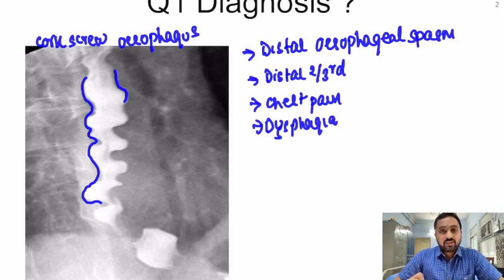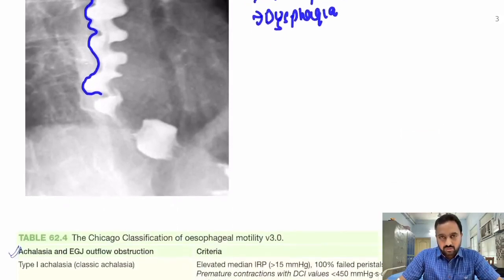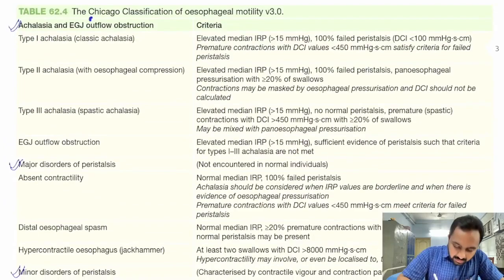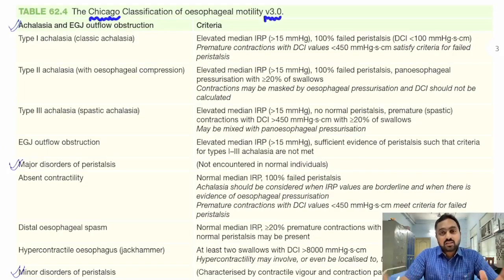An important topic with respect to this is the esophageal motility disorder classification, which is the Chicago classification. This image has been taken from Bailey and Love, where you have the third version of the Chicago classification. However, in February 2021 we have had a recent update where the fourth version has come, and we might get one or two questions from that classification, so we will discuss a little bit of it.